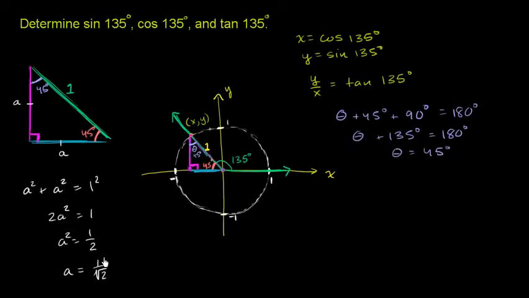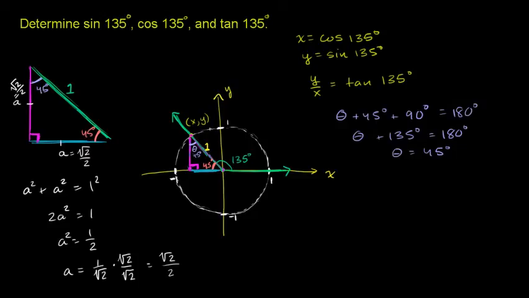And if you want to rationalize the denominator, you can multiply by the square root of 2 over the square root of 2, not changing the value. So this gives you square root of 2 over square root of 2 times square root of 2, which is just 2. So a, or the side of this thing, is equal to square root of 2 over 2, and this is equal to square root of 2 over 2.